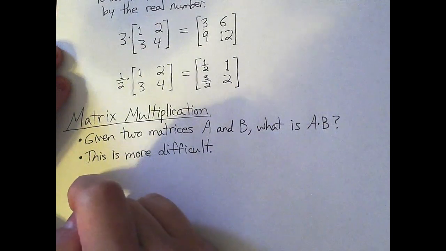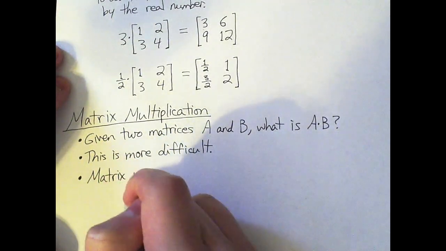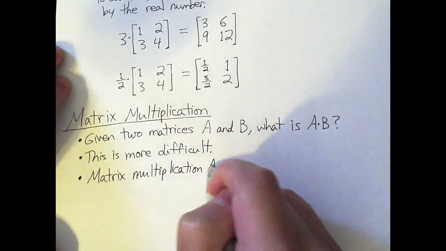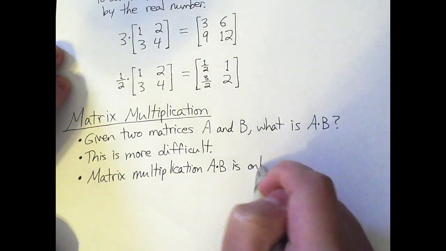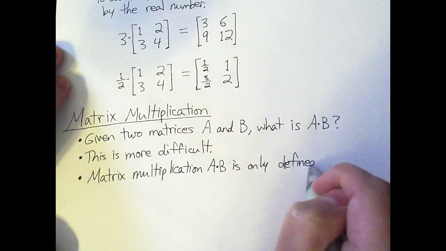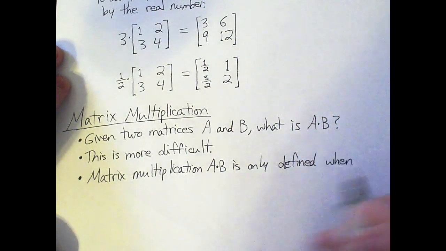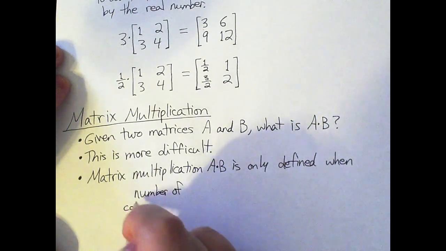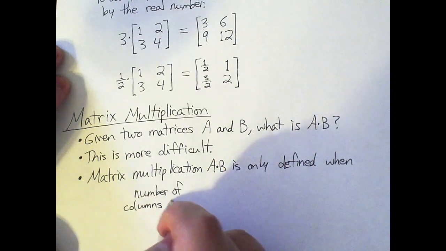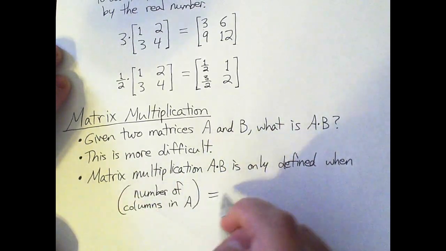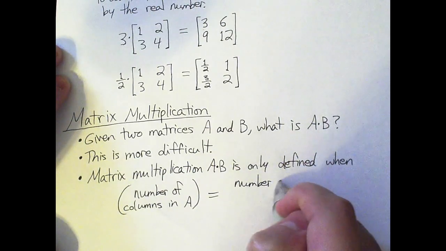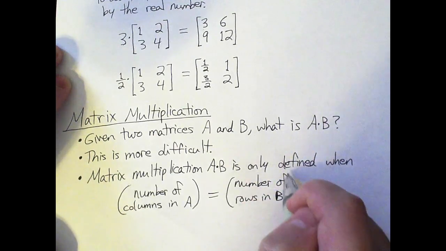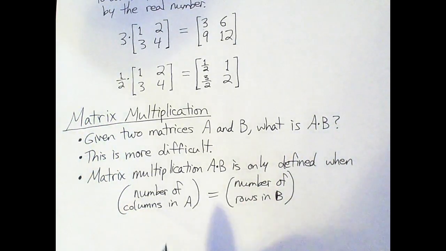So, first of all, let me tell you that matrix multiplication A times B is only defined when the number of columns in A equals the number of rows in B. So you see, the sizes or the dimensions have to match up in this particular way.